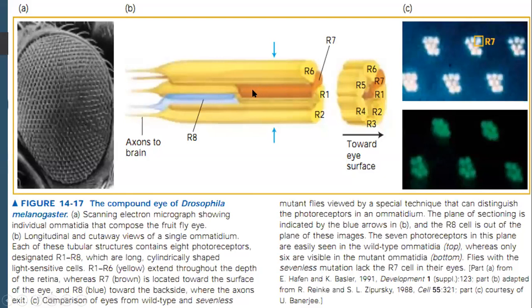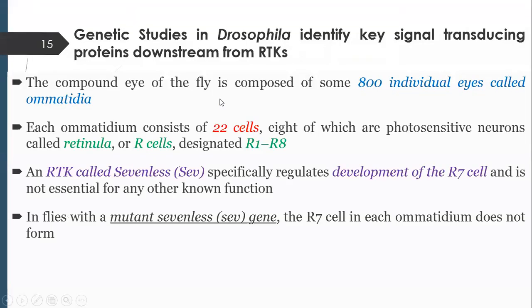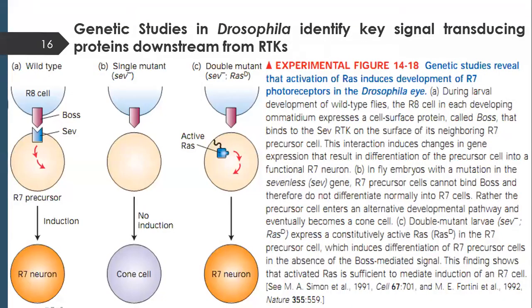The precursor will express RTK, the R7, the SEV receptor, and this will represent the R8, and on R8 पे कौन सा ligand होगा? The ligand will be boss, and this boss will be bride of sevenless. So this will be the bride for this sevenless receptor.